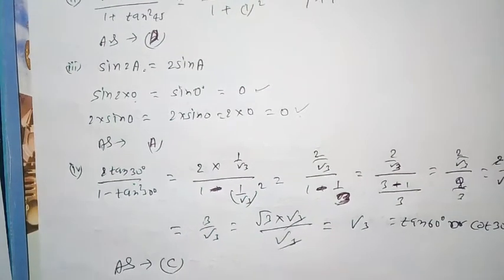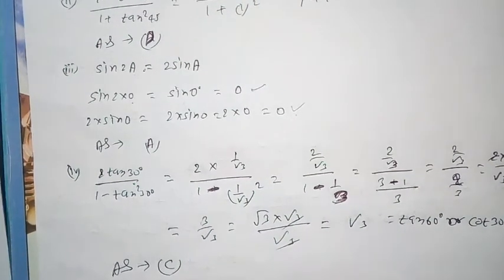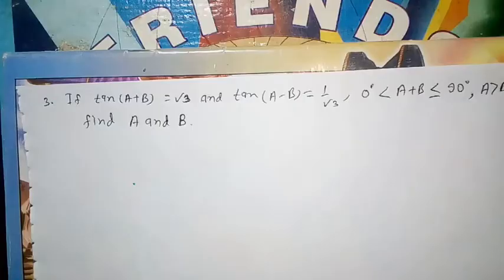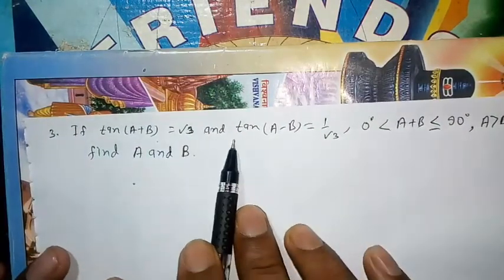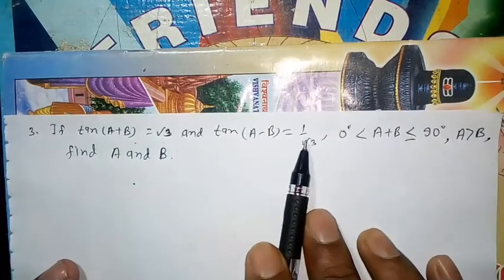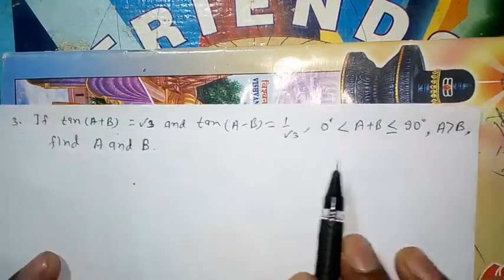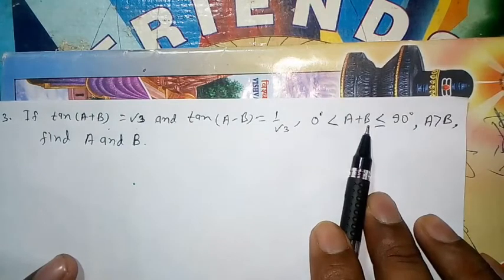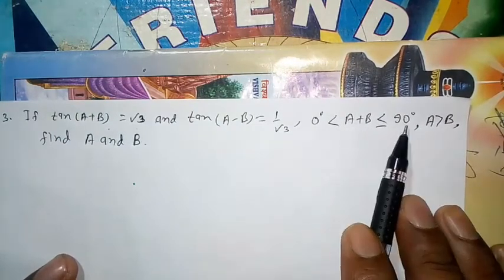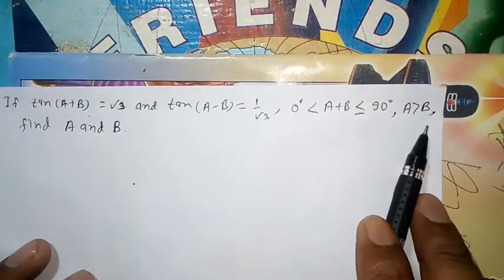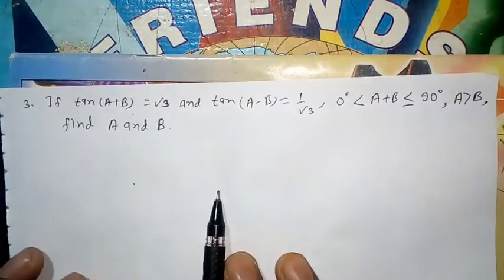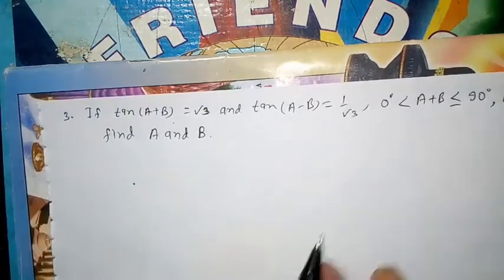The next question, question number 3. If tan(A plus B) is equal to root 3 and tan(A minus B) is equal to 1 by root 3, where A plus B is greater than 0 but less than or equal to 90 degree, and A is greater than B, find A and B. Solution.